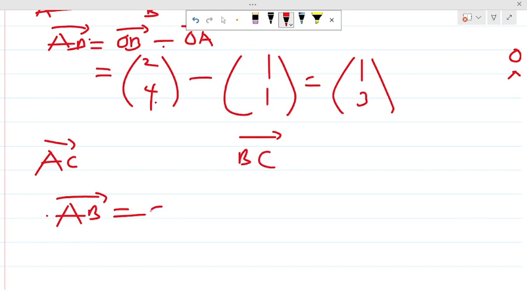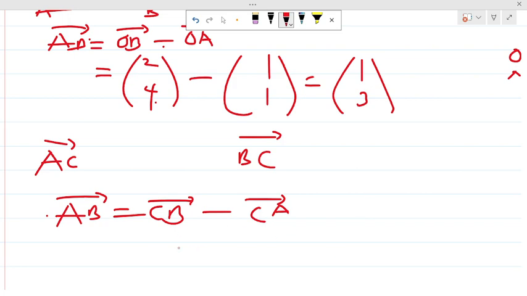So we are going to get CB minus CA. Now you see, we are saying subtract CA from CB, but the vectors that were given were BC and AC. Now we have something called negative vectors.